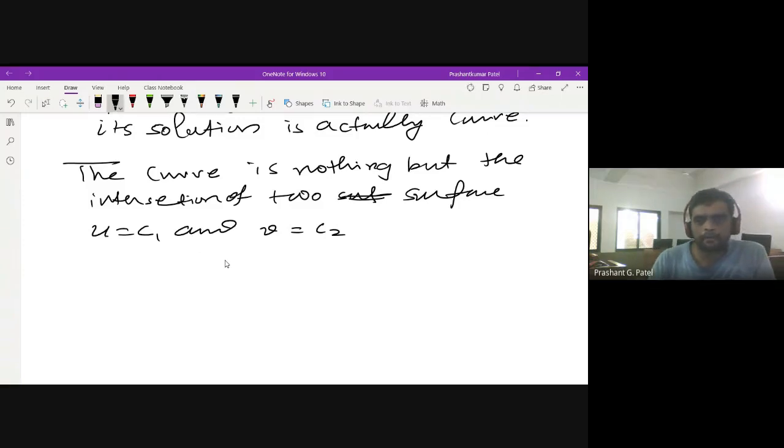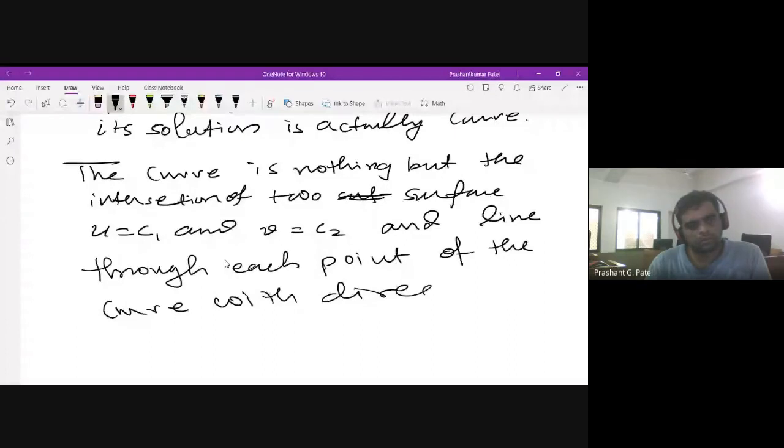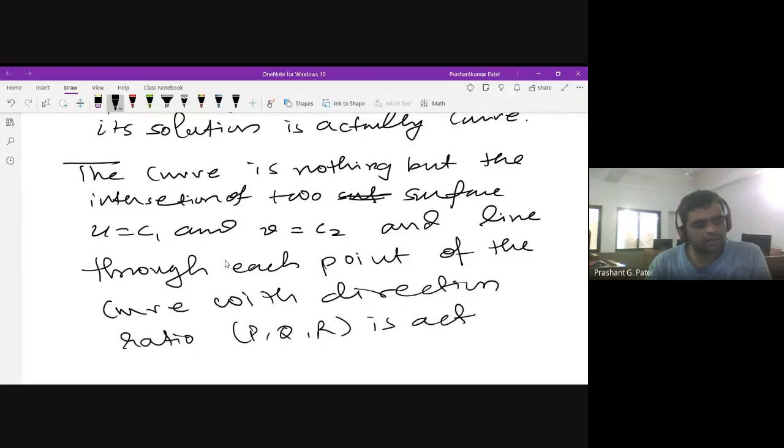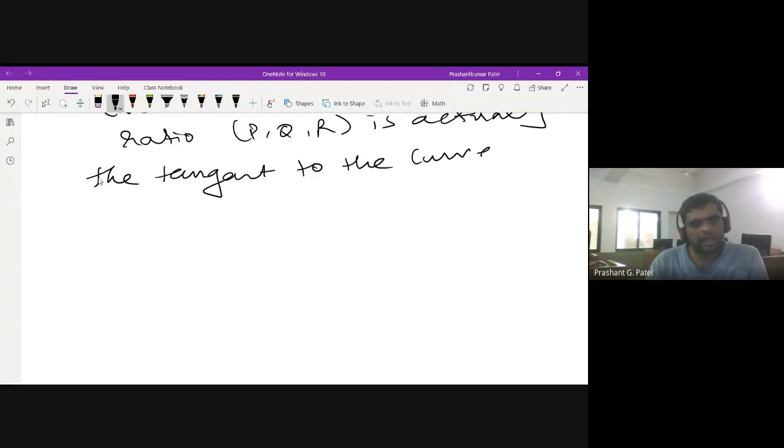and the line through each point of the curve with the direction ratio PQR is actually the tangent to the curve at that point.